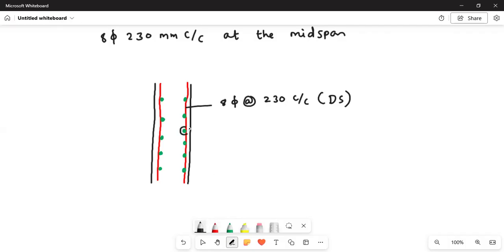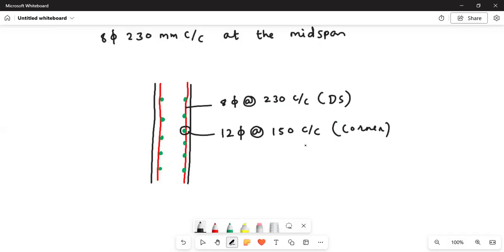This is the reinforcement for the negative bending moment in the side wall, and that reinforcement you have gotten as 12 mm bar at the rate of 150 center to center. You have written it as corner reinforcement. You can write it in brackets as corner or for the negative bending moment.